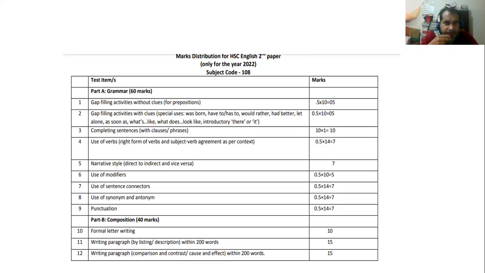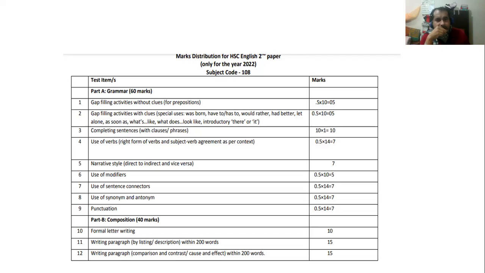Then there are right forms of verbs and subject verb agreements. These will be in your exam, and narration and use of modifiers in your syllabus, use of sentence connectors, and how you can use these things in your exam. We will discuss the details in our classes.